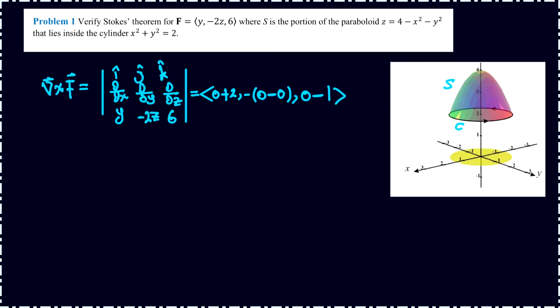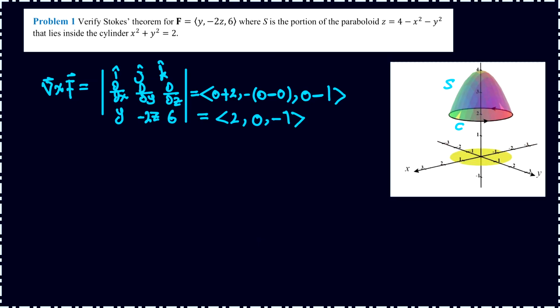So we know that our vector field is not conservative because the curl is not 0. The curl is 2, 0, negative 1. The curl of this vector field is constant. It doesn't depend on x, y, z. It's always the same at every point in the vector field. All right.